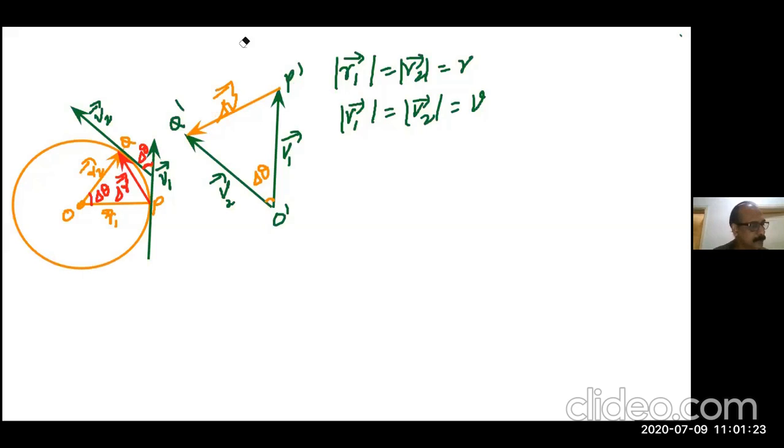Sir, can you repeat? By applying triangular law of vector addition, change in velocity delta V can be calculated from the figure O dash P dash Q dash.